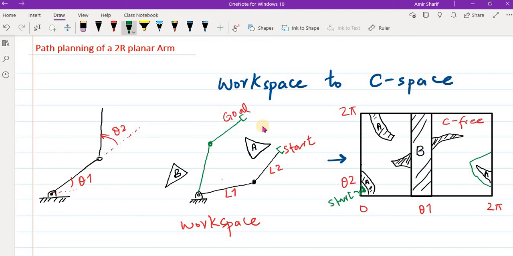I cannot draw here all the complex steps that they have drawn, but for the detail, if you want to go, then just refer to the book Modern Robotics, and the figure is 10.2.